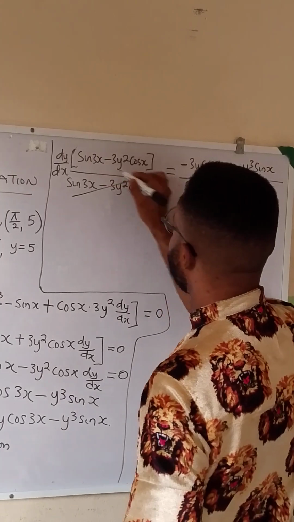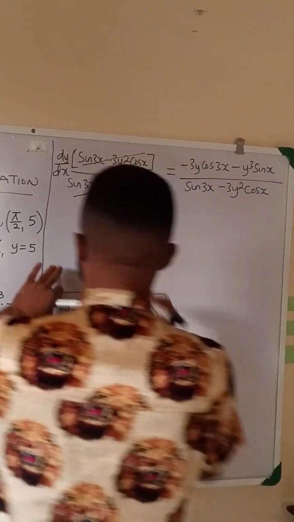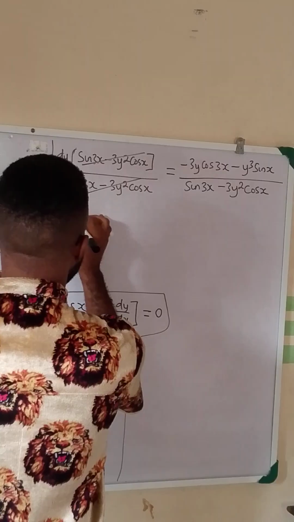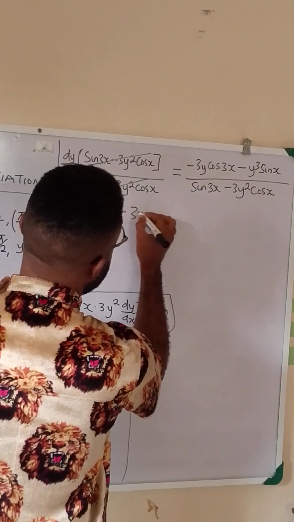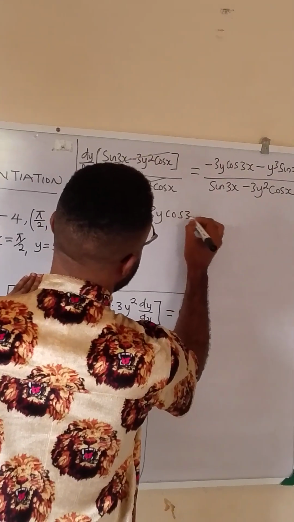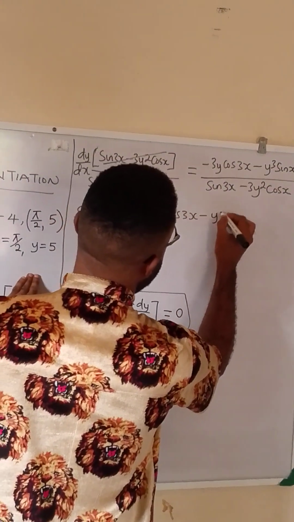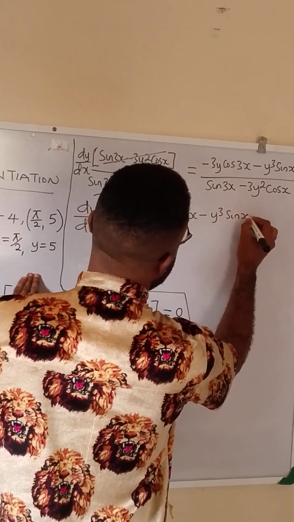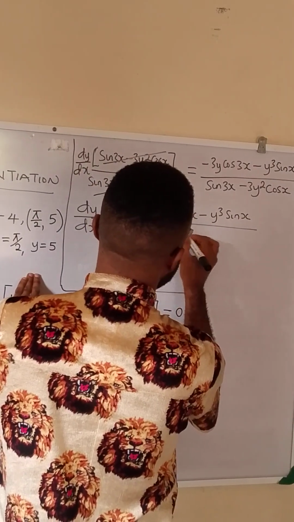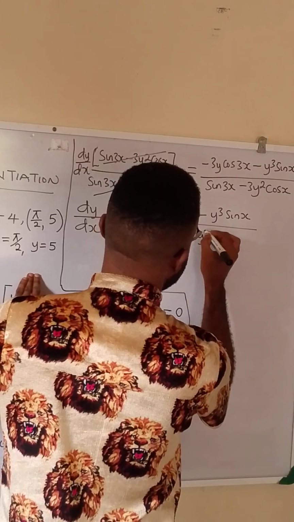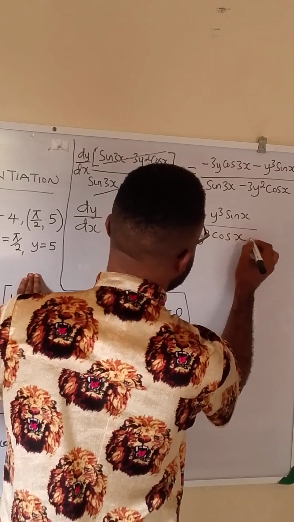And so this can cancel out this, so that we are left with dy/dx equal to minus 3y cos 3x minus y cubed sine x divided by sine 3x minus 3y squared cos x.